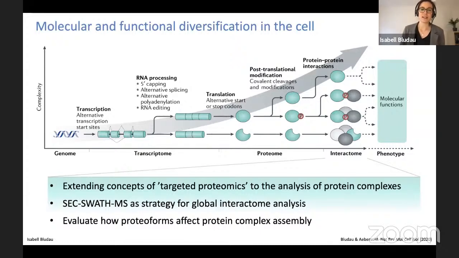Specifically, I will talk about a strategy that we developed in Rudy's lab called SAGA-MS, which we can use to analyze protein complexes on a global scale and across conditions. And finally, I will change gears a bit and talk about how we can actually get a handle on proteoforms in bottom-up proteomics data and investigate how different proteoforms might have an impact on the protein assembly.